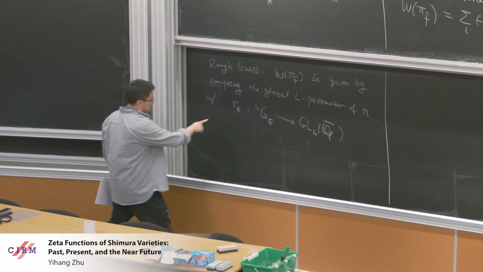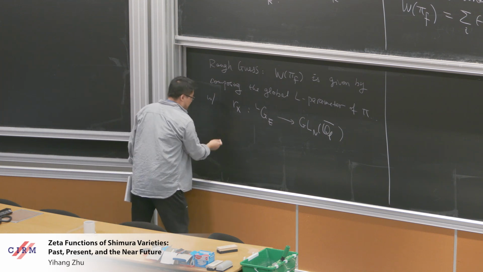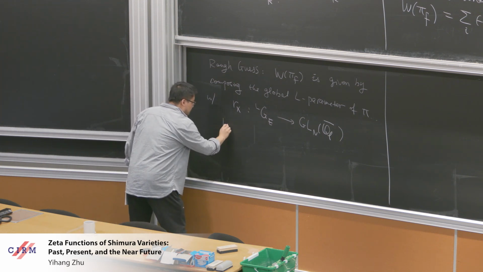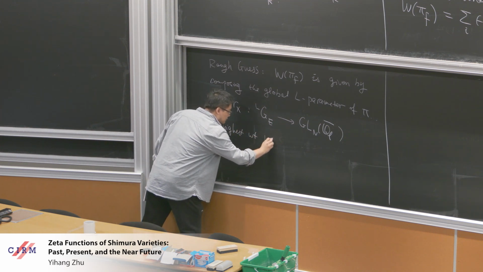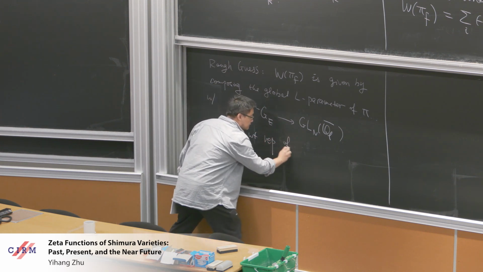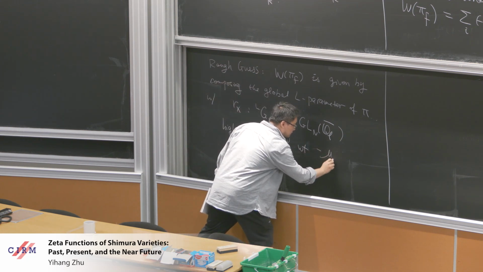So here this thing is uniquely determined by the Shimura datum, so it's essentially the highest weight representation, of weight given by the negative of the Hodge character of the Shimura datum.